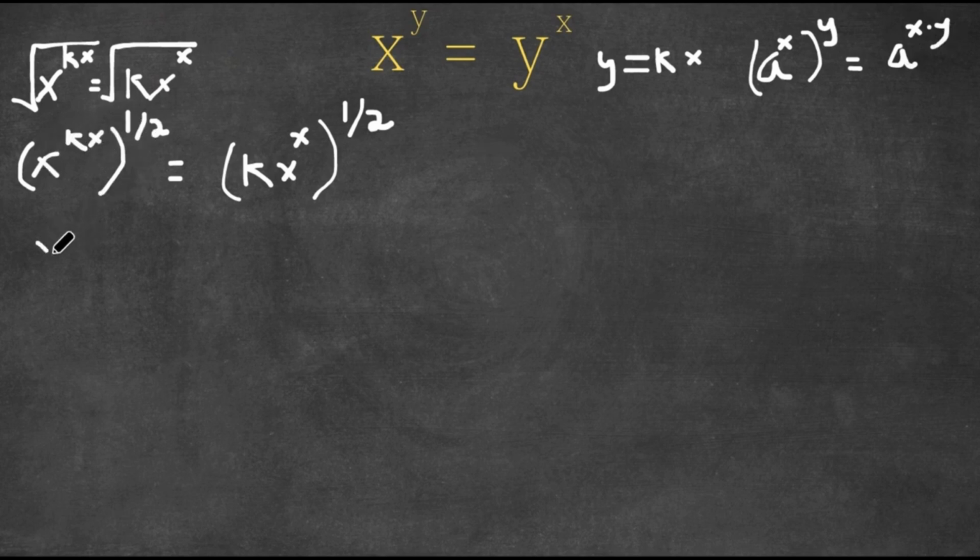This is the same thing as x to the power of kx times 1/2, which is the same thing as x to the power of kx over 2. And this is equal to kx to the power of x times 1/2, which is x over 2.